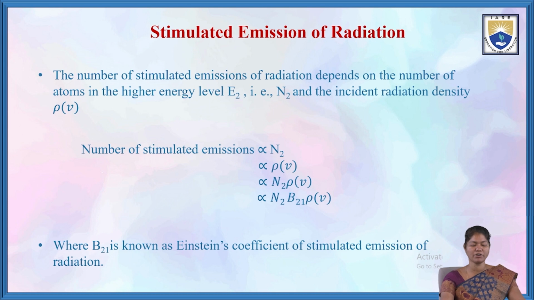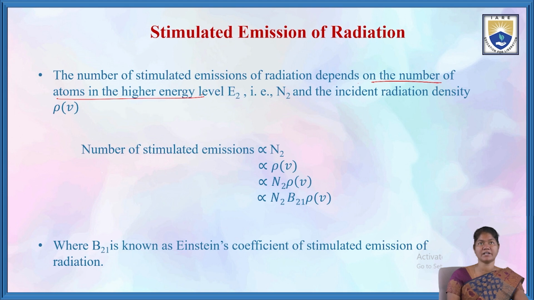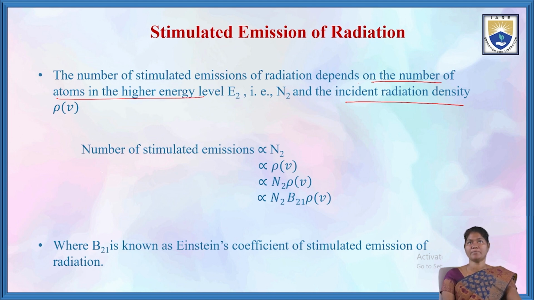Coming to the number of stimulated emissions, the number of stimulated emissions of radiation depends on the number of atoms in the higher energy level and also the number of incident radiation density.